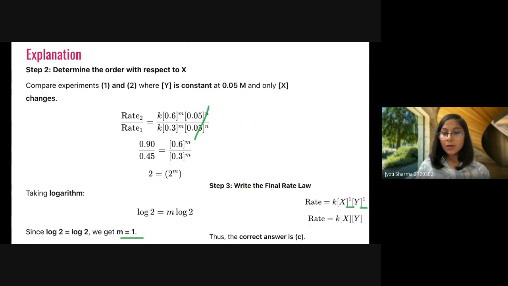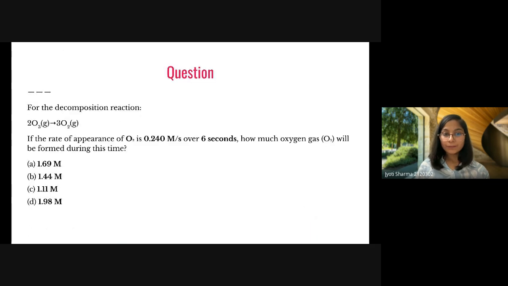So the rate will be k x y, with 1 and 1 as powers. This is a second order reaction, because 1 plus 1 gives you 2. The final rate law is rate is equal to k x multiplied by y. This is how we can calculate this question.